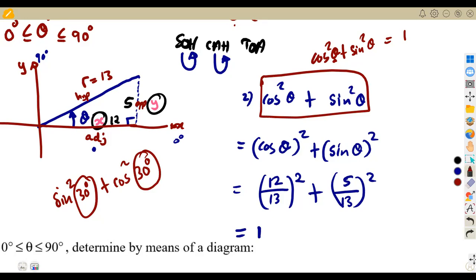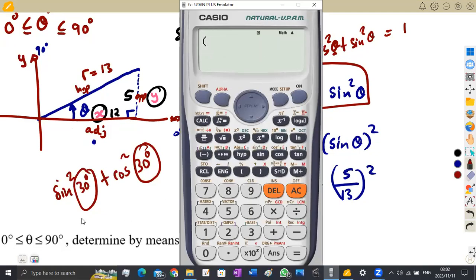All right, so let us just use our calculator and show this part that I'm explaining, making sure that your calculator is in degrees. You open a bracket, sine 30 degrees, close that for the angle, then close for the whole of the sine, and you square it. Plus, you do the same, open a bracket for cos, cos 30 degrees, close the bracket for the angle, then close the bracket for the cos, you square it, and you're going to obtain a 1.